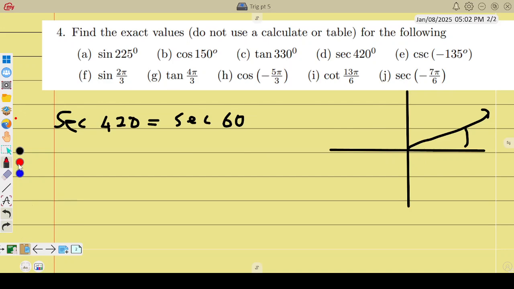So sec theta is equal to 1 over cos theta. So sec 60 is just the same as 1 over cos 60. Where there is sec 60, we have replaced it with 1 over cos.